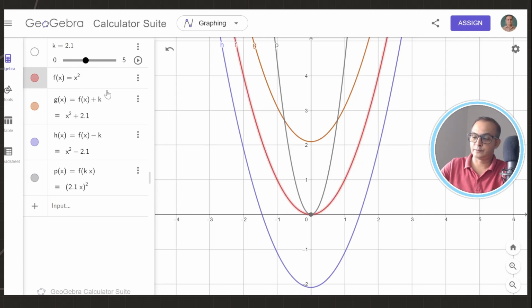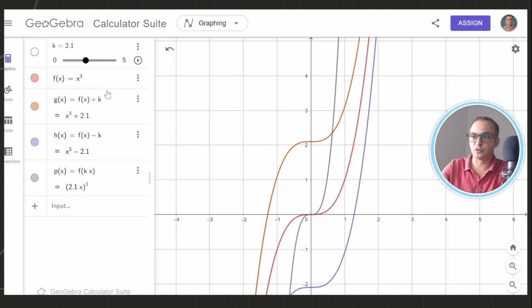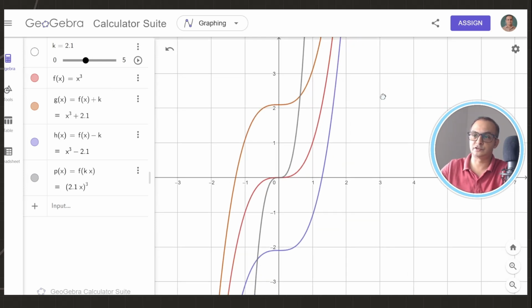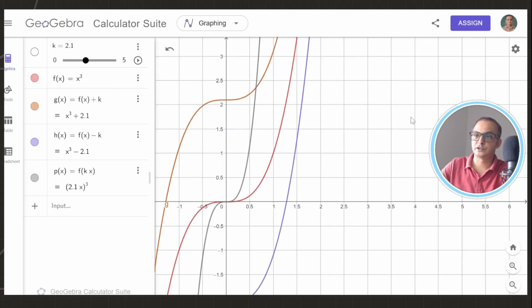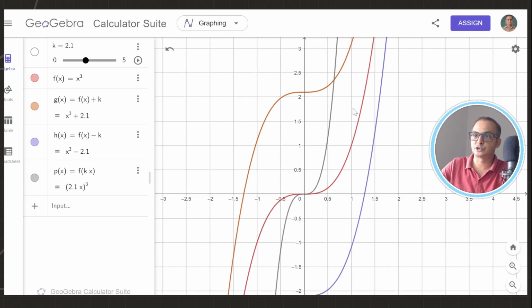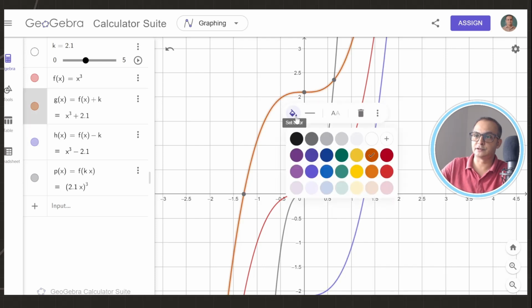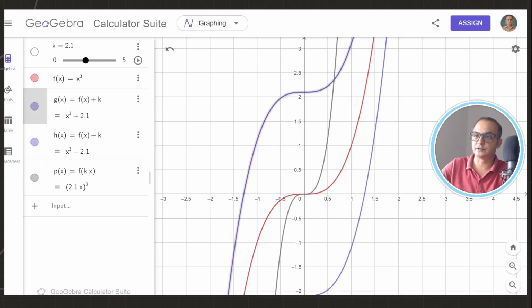In the same way, suppose I'm taking the x cube graph and try to understand all the dilations or the shifting. So this is one way you can think that these two graphs here and here, let me change this color so that you can see a little bit of difference. This one deeper and this one is also one.